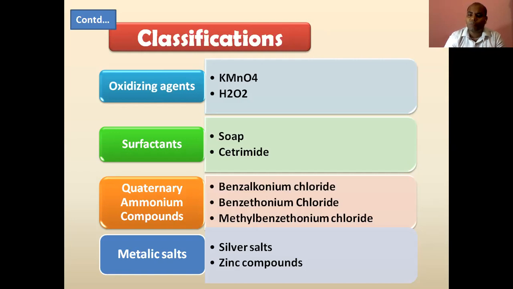The quaternary ammonium compounds are there. A derivative of ammonia is known as an ammonium compound. When the nature of this ammonium compound is quaternary, quaternary means 4. So when there are 4 different substitutions on nitrogen, that is a quaternary ammonium compound. Such compounds are benzalkonium chloride, benzethonium chloride, and another derivative of benzethonium chloride, methyl benzethonium chloride.